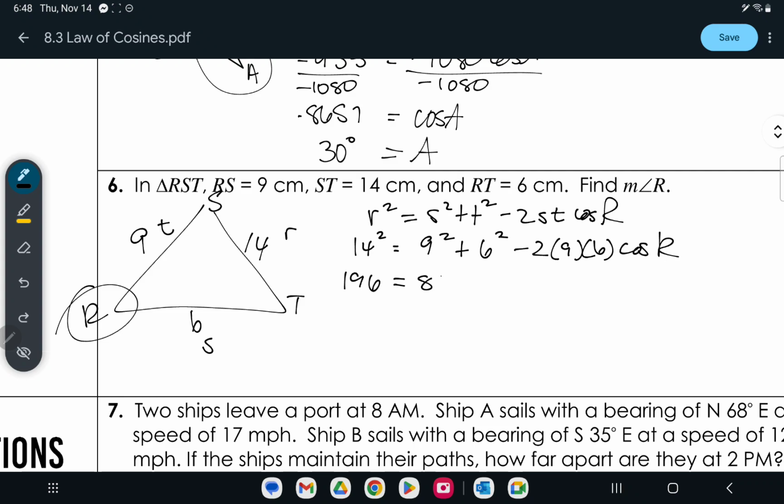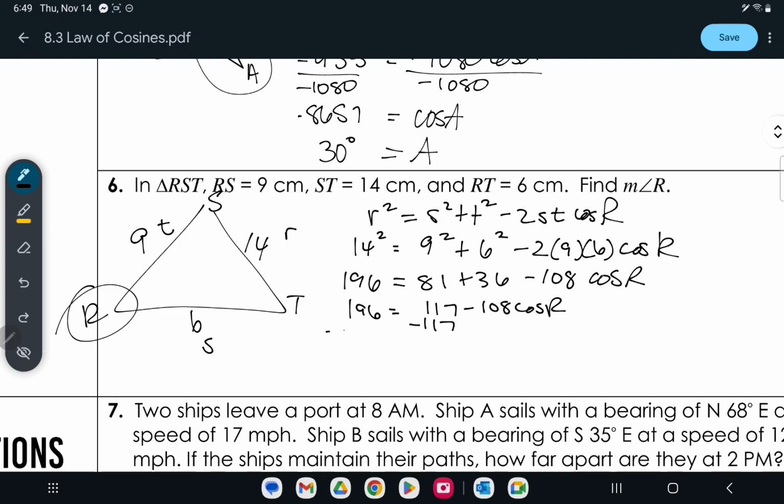So 196 is 81 plus 36 minus 2 times 6 times 9, so 12, 12 and 9 is 108. Let's see, 196, 81 plus 36 is 117.